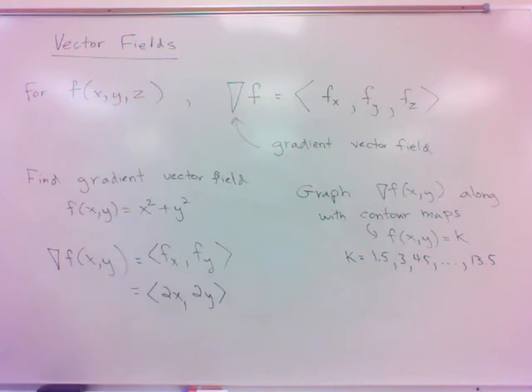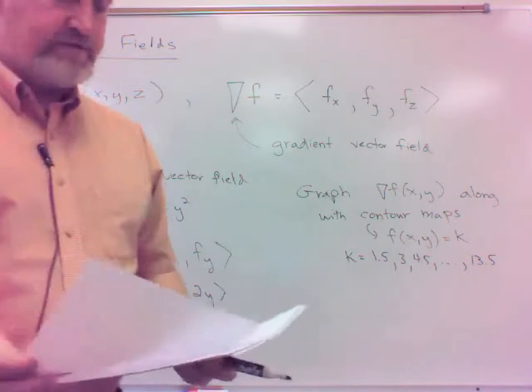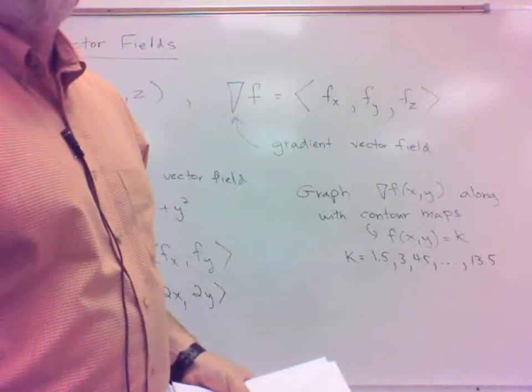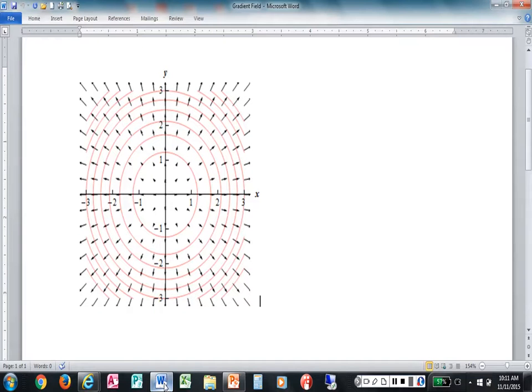All right, and so here is our result. The result looks like this. You can see that the first one, the inner circle there, is at 1.5. So x squared plus y squared equals 1.5. Of course, these are just going to be circles. Obviously, the contours are where your radius is the square root of whatever k is.